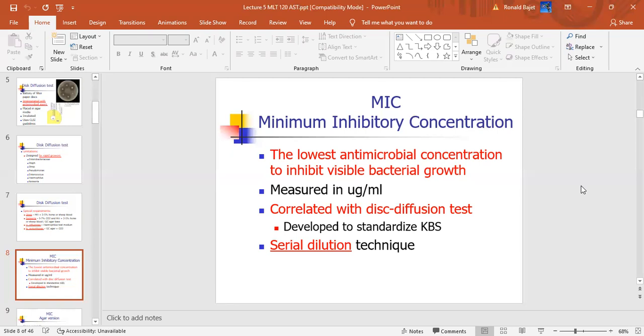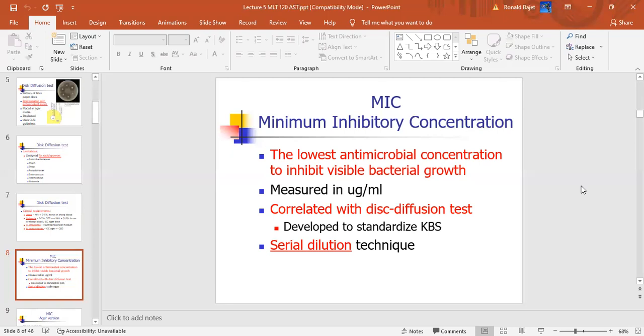Here, you barely see some bugs growing, and here, you don't have any more growth. So for here, of course, your antibiotic is the strongest. You're not going to get growth. So you're going to get growth all the way to there, but since this is the first, lowest concentration that inhibits bacterial growth, that's your MIC level.